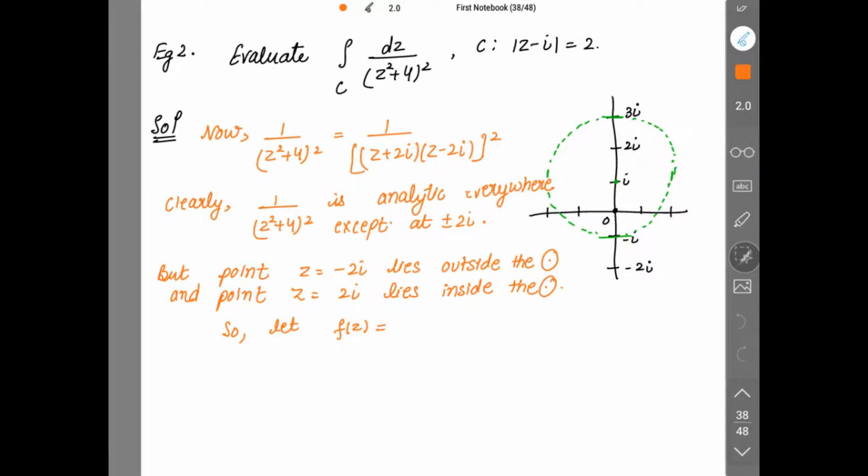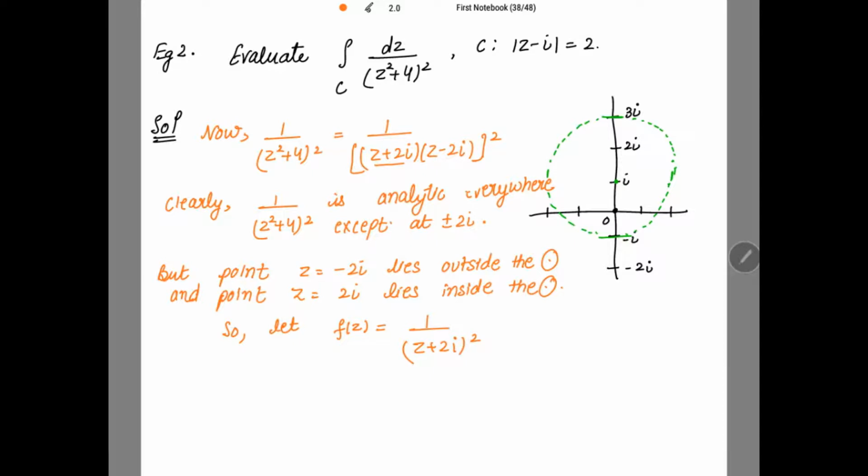So I have to take my f(z) now to be equal to 1 over, because minus 2 iota lies outside the circle, so I have to take this denominator with my f(z). So my f(z) will be 1 over z plus 2 iota whole square. I have to take my f(z) to be equal to this.